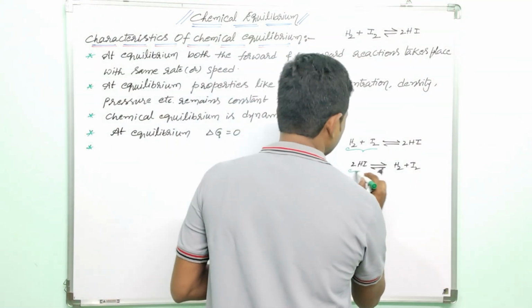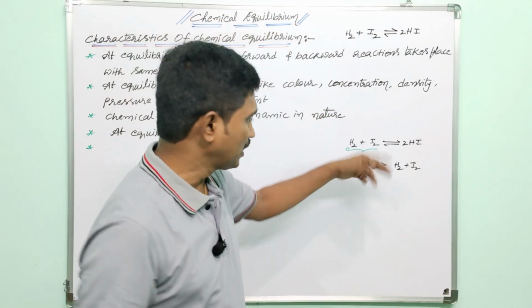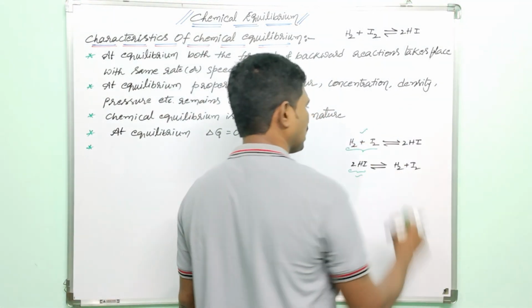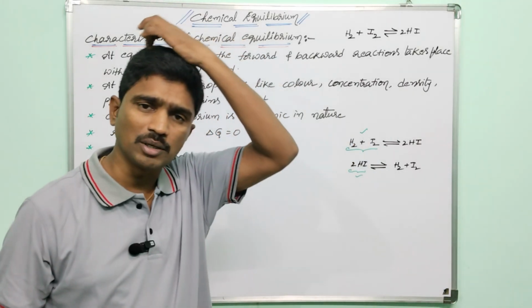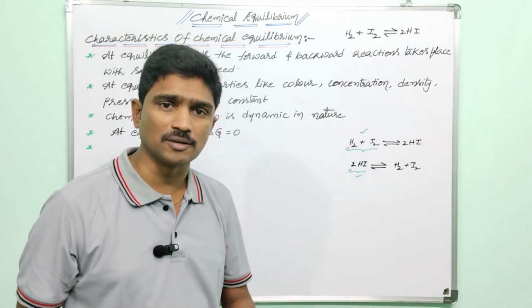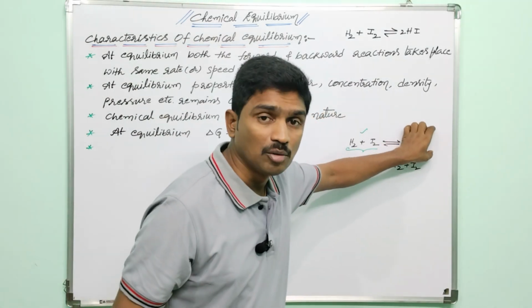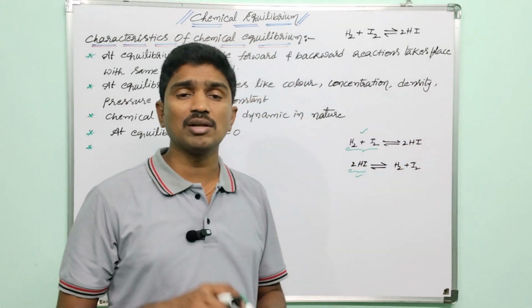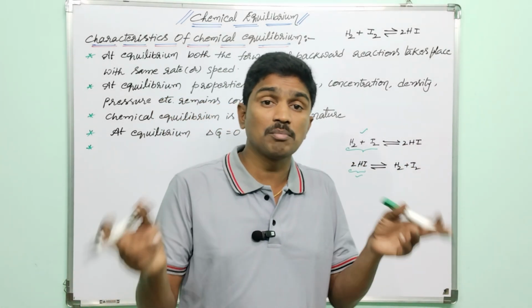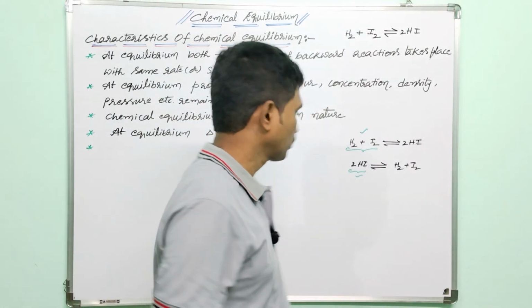Here you started with hydrogen iodide, you got equilibrium. Initially you started with hydrogen and iodine, you got equilibrium. What it indicates is that the equilibrium is established whether you start with reactants or products. Nothing but equilibrium is established from either side of the reaction.